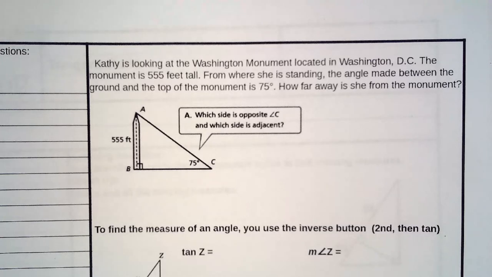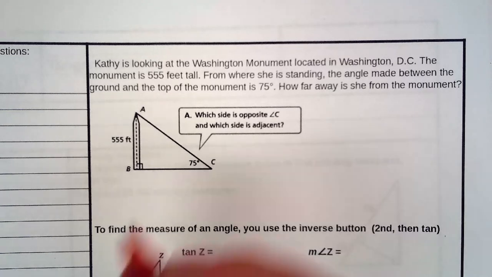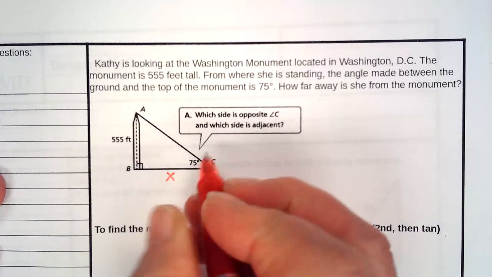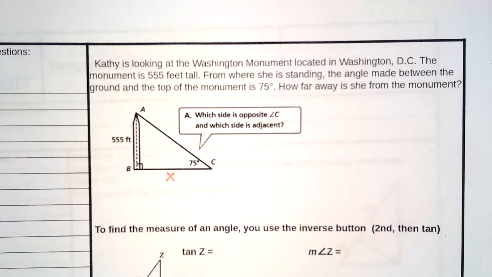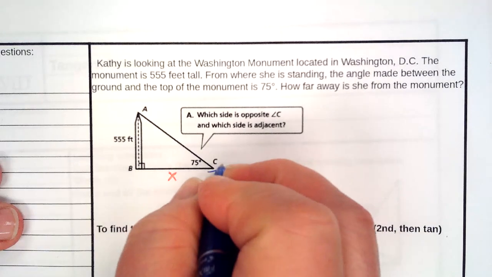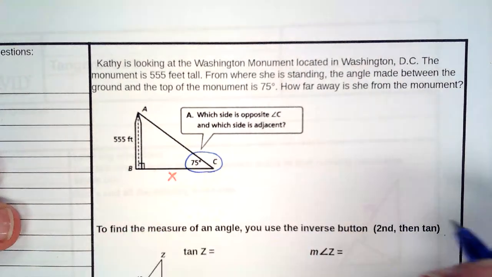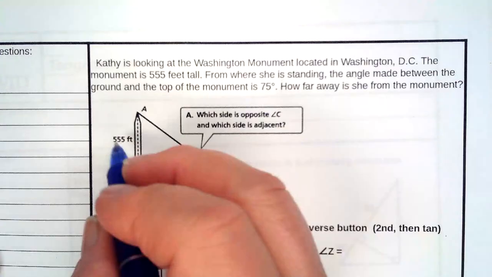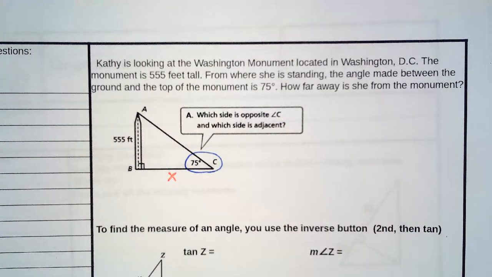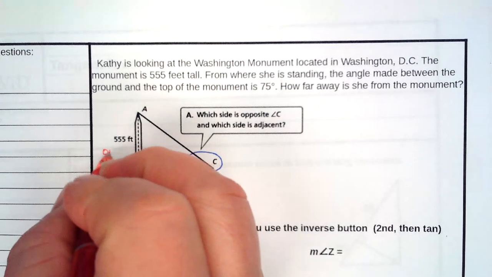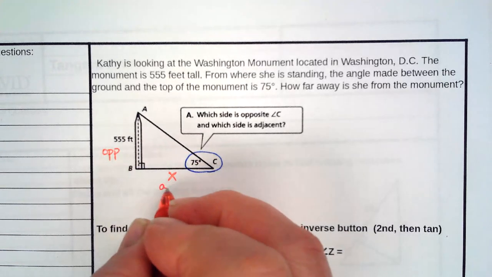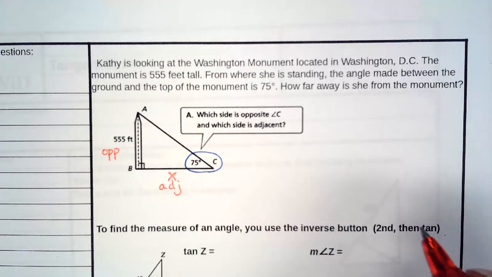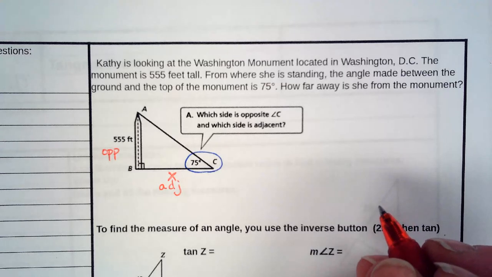So if we're looking at this, this will be X, and this is our angle that we're using. So this is opposite, this will be adjacent. Let's set our equation up.